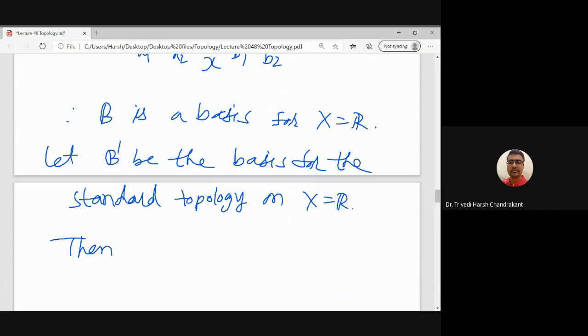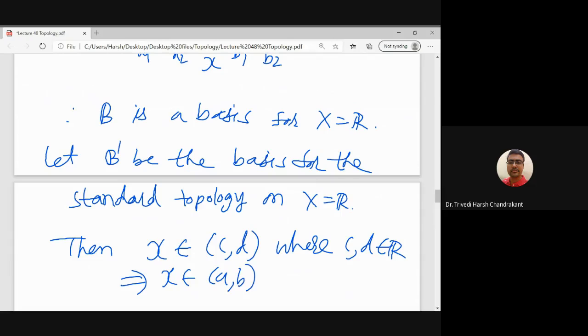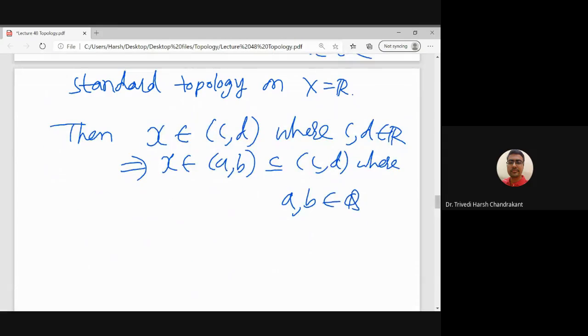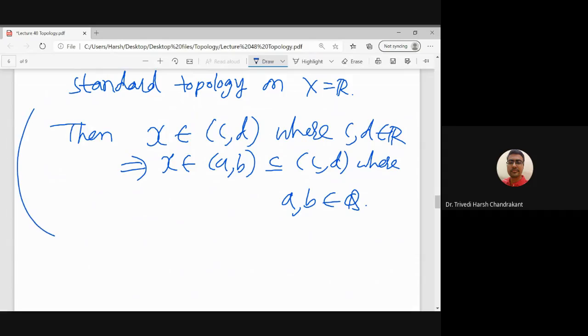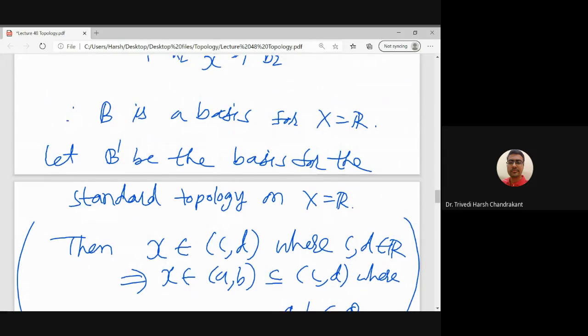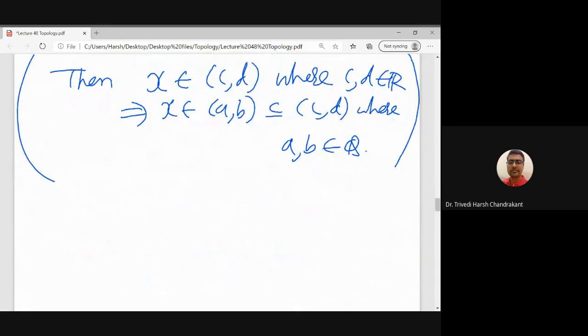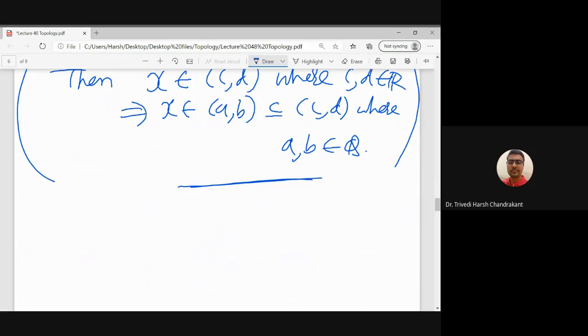Why? Because if x is in (c, d), where c and d are real numbers, then I can always find x belongs to (a, b), which is contained in (c, d), where a and b are rational numbers. So this is basically the hint to prove that both bases generate the same topology.